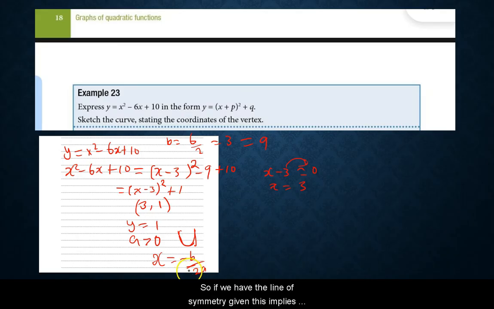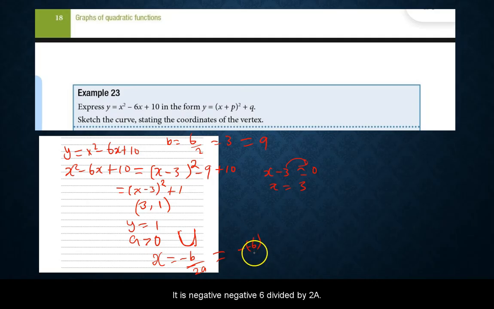So negative 6 divided by 2a, and our a in this case is 1, so it is 2 by 1. So you will simply see x is equal to 3.